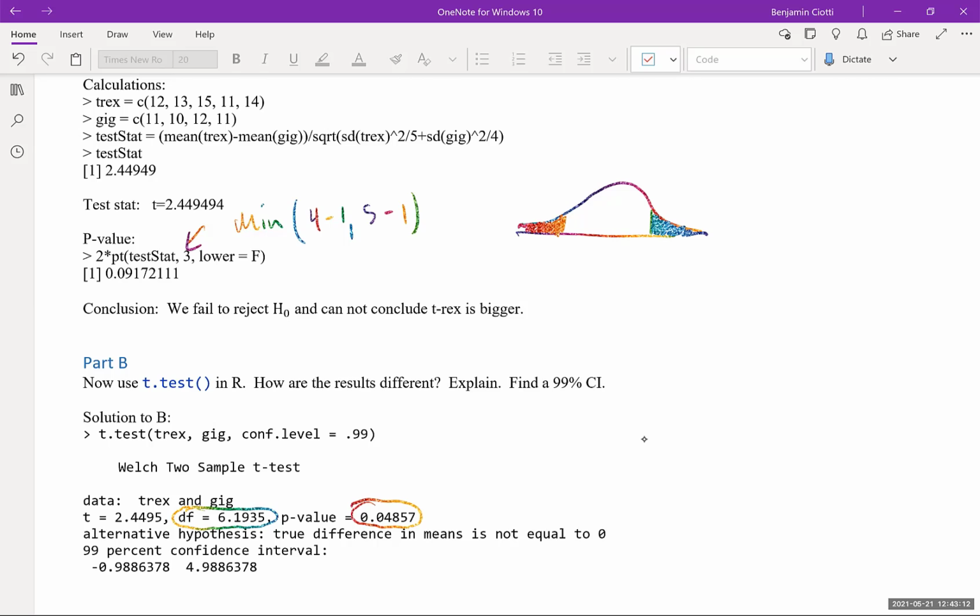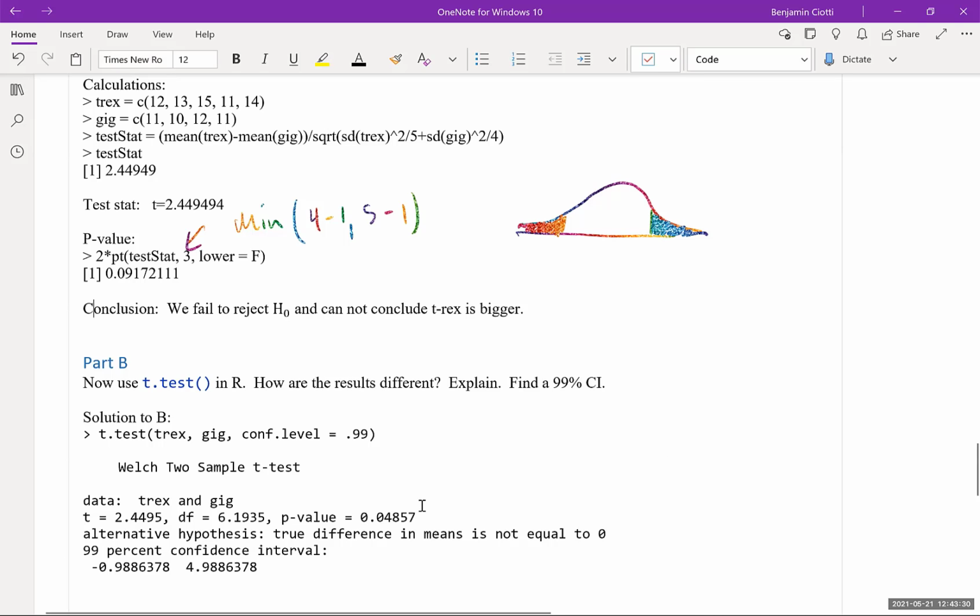So if you use this for your degrees of freedom, this is the p-value you end up with instead of 0.09. So actually, we get a different conclusion now.